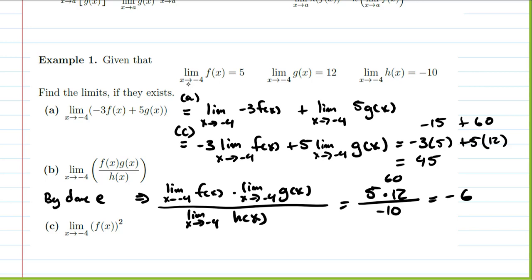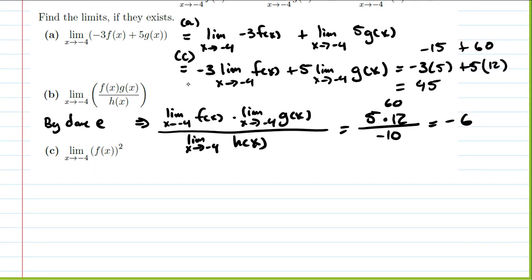So for C, there's actually two different ways we could think about it. Because f of x squared means f of x times f of x. So method 1, it would be the limit as x approaches negative 4 of f of x times the limit as x approaches negative 4 of f of x.